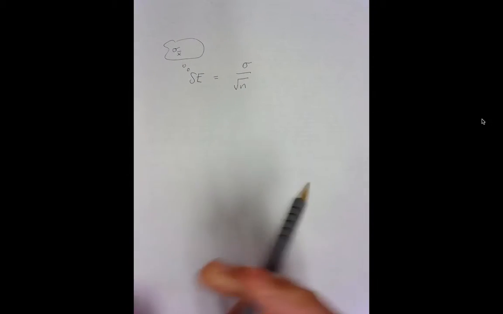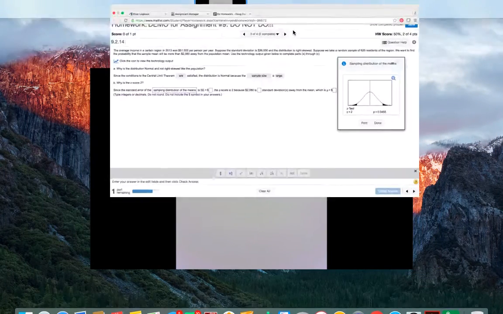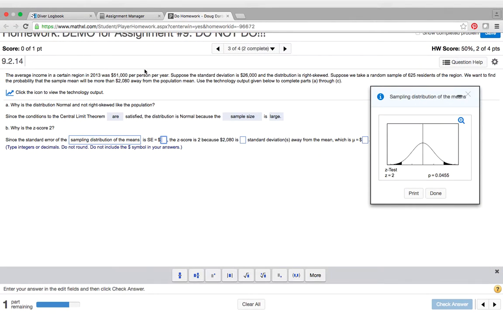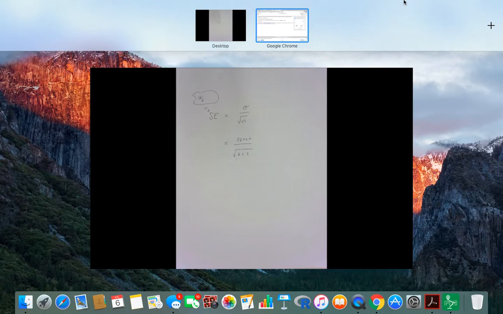Okay, so for our problem, the population standard deviation was 26,000. And we had 625 residents. So I'm going to put divided by the square root of 625.